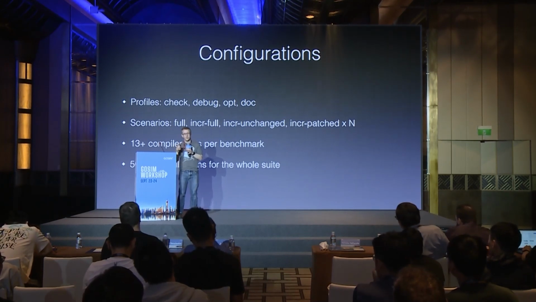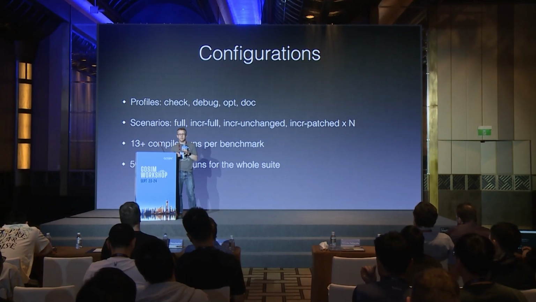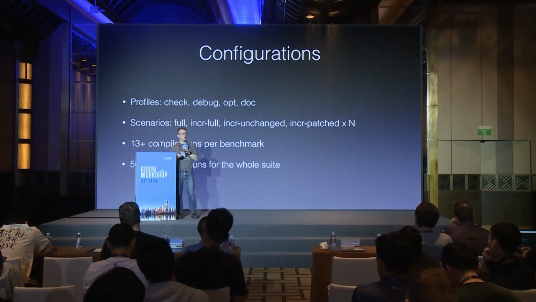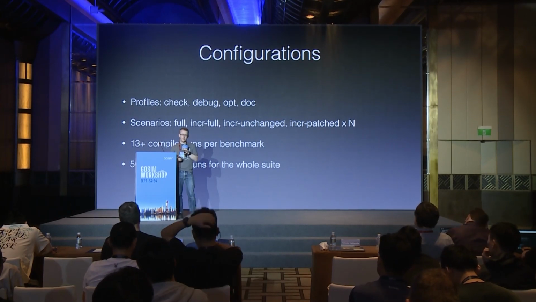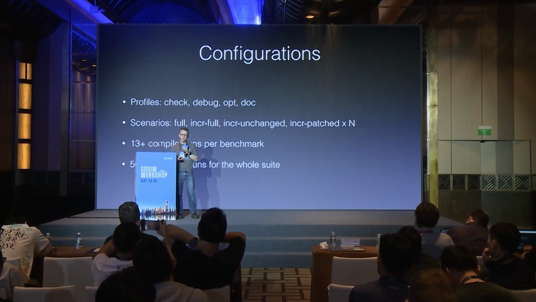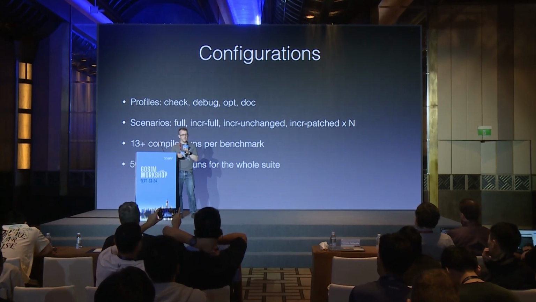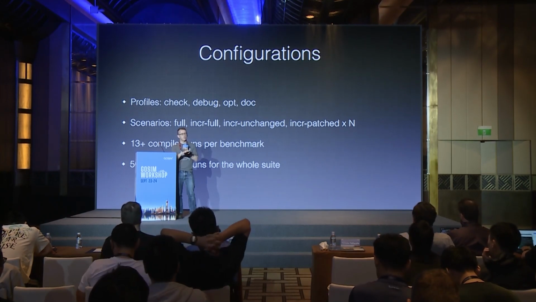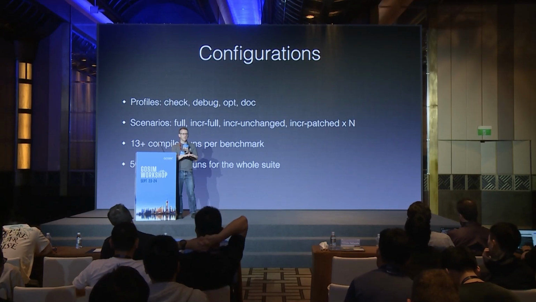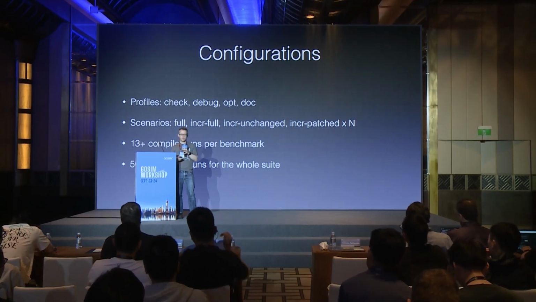There are a number of different configurations that we measure the compiler in to reflect different ways that people use it. There are 4 different profiles: check, debug, opt, and doc. Then we have a number of different scenarios for different ways of invoking the compiler, using incremental compilation and non-incremental compilation.